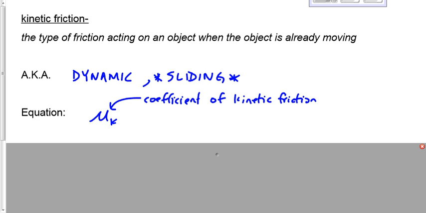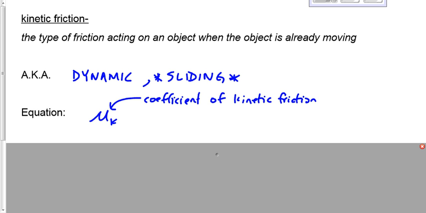The coefficient of friction for rubber and ice would be somewhere in the range of 0.15-ish. The coefficient of friction between rubber and pavement would be about 0.8. The higher the number, the more they stick together. So the coefficient is higher for rubber and pavement than it is for rubber and ice, because rubber and pavement stick together better than rubber and ice stick together. Does that make sense?